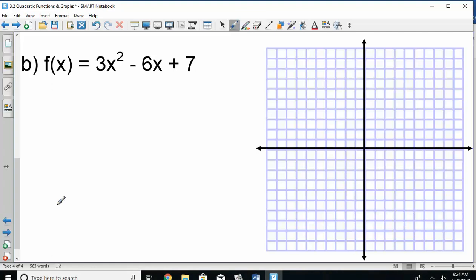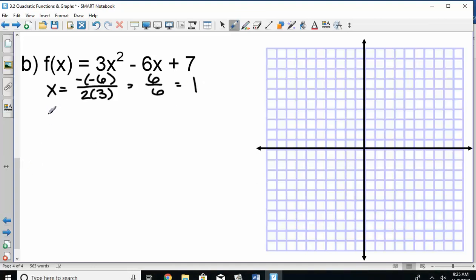So, right now, can you tell me, will this parabola open up or down? It'll have a maximum or minimum? Minimum. Okay. So let's find the vertex. To get the x, we do opposite of b, so the opposite of negative 6, over 2 times a. So you get 6 over 6, which is 1.